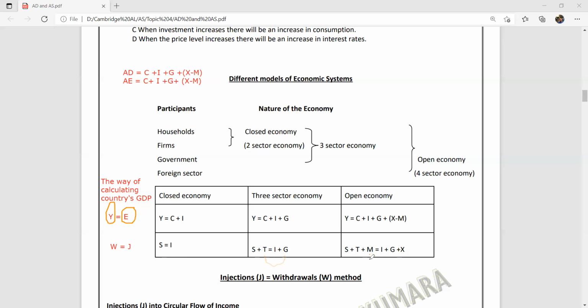Next one, exported income can only be used to buy goods from imports, equal. So that's why these formulas, these methods, are applied for the calculation of countries' national equilibrium.